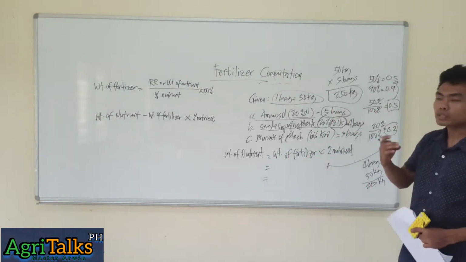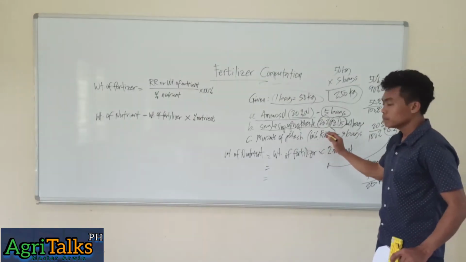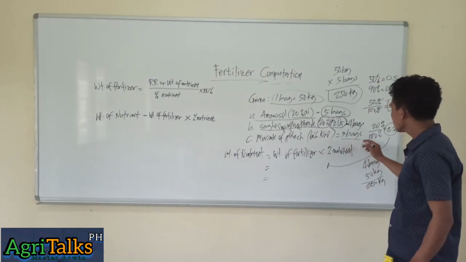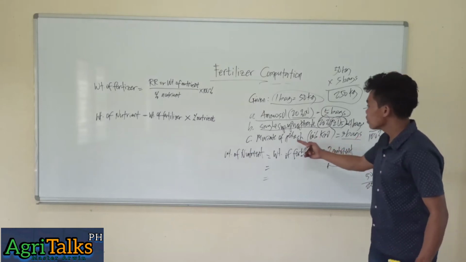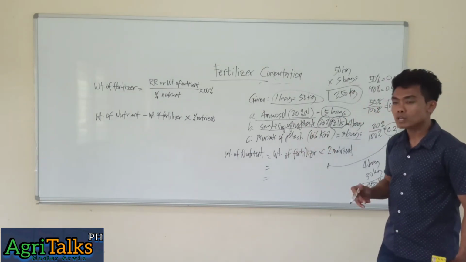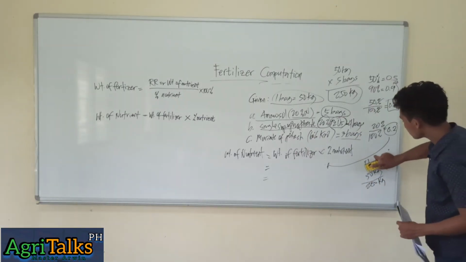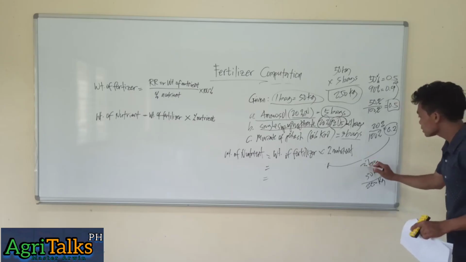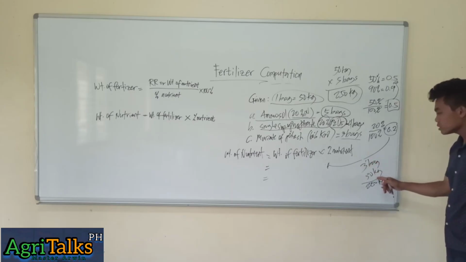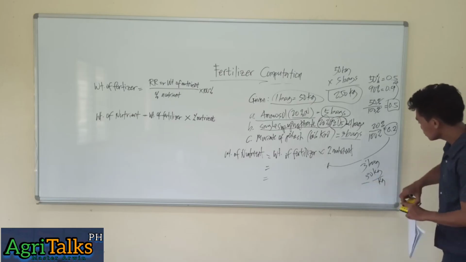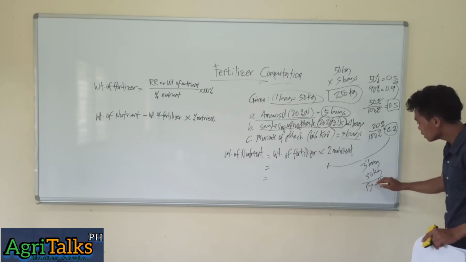Okay, so we will compute how much potassium we have applied if 3 bags of muriate of potash has been applied to the soil. So, the same process: 3 bags times 50 kilograms in 1 sack, that would be 150 kilograms.